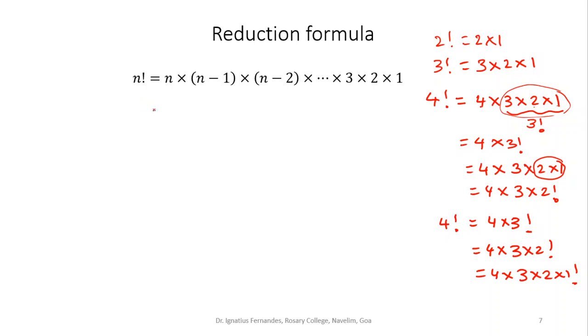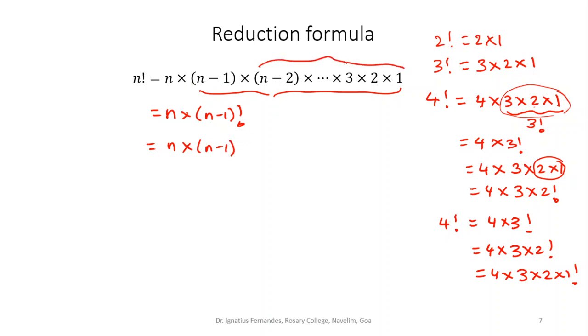Like here, if you just consider this n, and only this part, this is going to be n into n minus 1 factorial. Or if I keep the first two terms as they are, n into n minus 1, then this part is going to be n minus 2 factorial, like how I did it for 4 factorial.